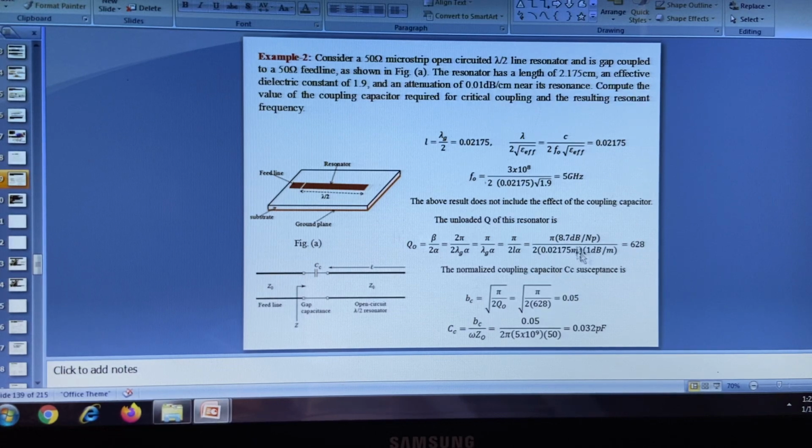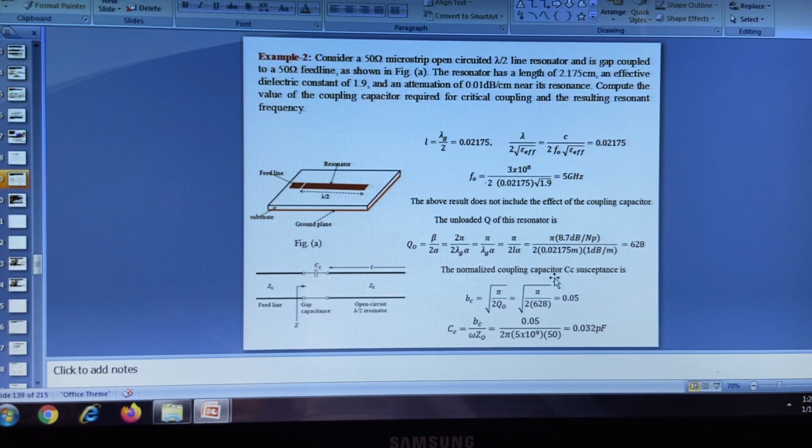Lambda g is equal to 2L, so we substitute lambda g equal to 2L. Substituting all these parameters and simplifying, we get 628 as the unloaded quality factor.